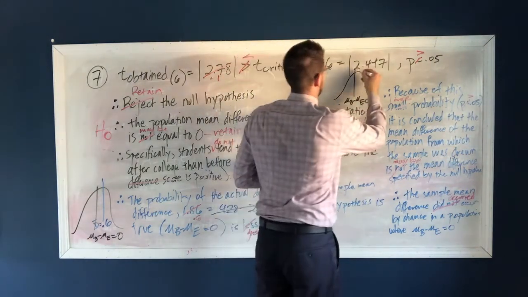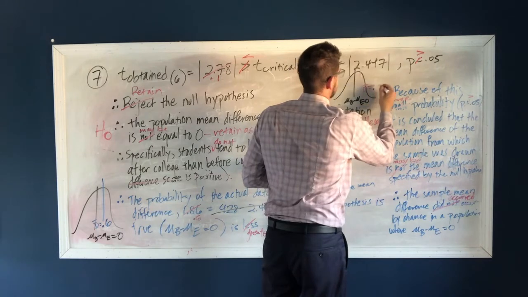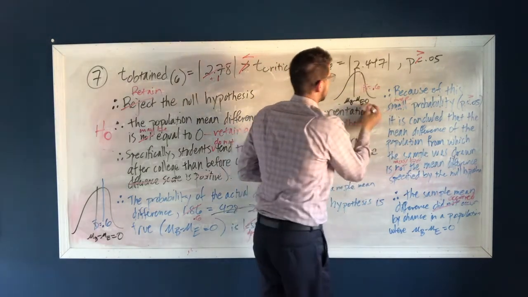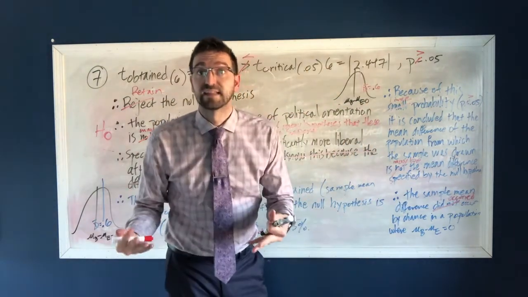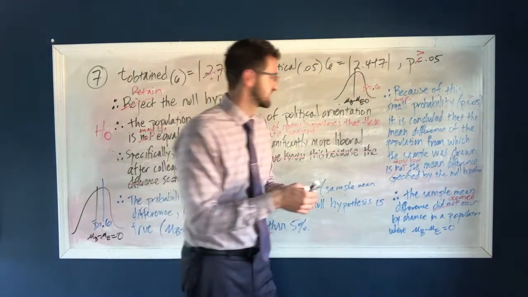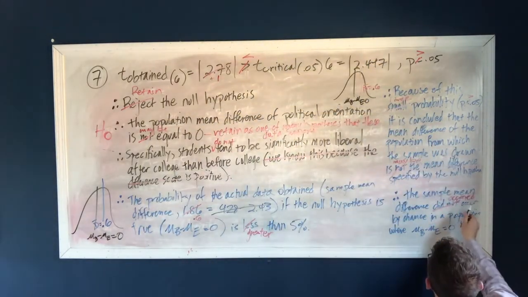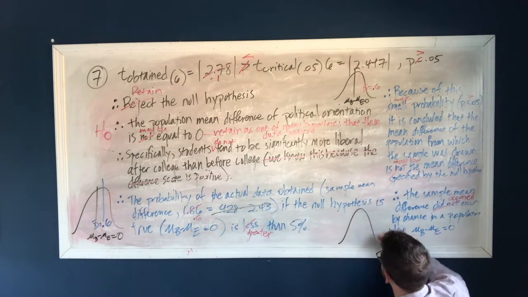So if our mean difference is 0.6, we're saying here that this may be the true population value. That's all we're saying there. The sample mean difference occurred by chance in a population where the null hypothesis is true.